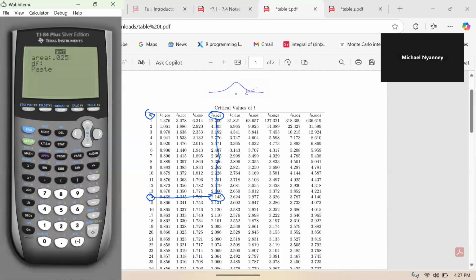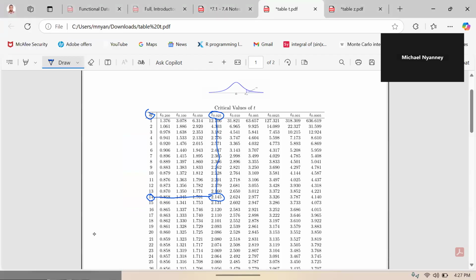The degrees of freedom is 14. Then we paste. So it gives you minus 2.14. So this runs it to 3 decimal places. If you run it to 3 decimal places, it's the same answer. But this gives you the negative side, so convert it to the positive side. So that is 2.145. Okay, so that is that.